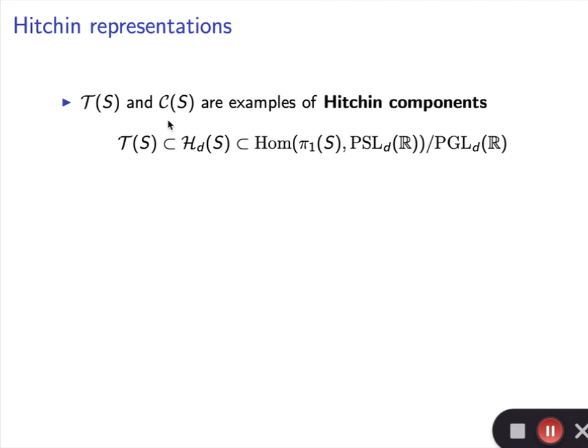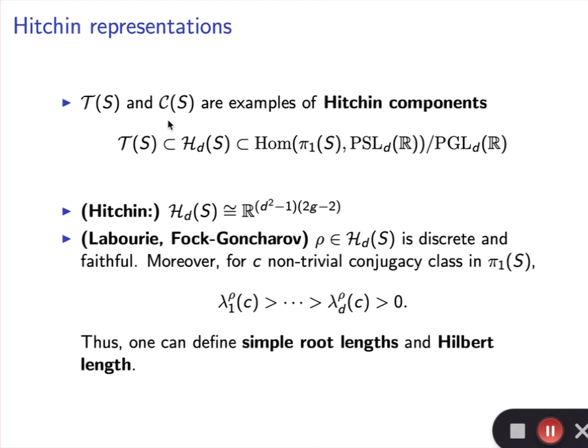These were introduced by Hitchin, who proved that these components are all vector spaces of dimension depending on the dimension of the Lie group and on the topology of the surface. And then they were studied extensively by many people, but very early works were by Labourie, and Fock and Goncharov, using different points of view. They both proved that representations in the Hitchin component are discrete and faithful, as happens for Teichmüller space.